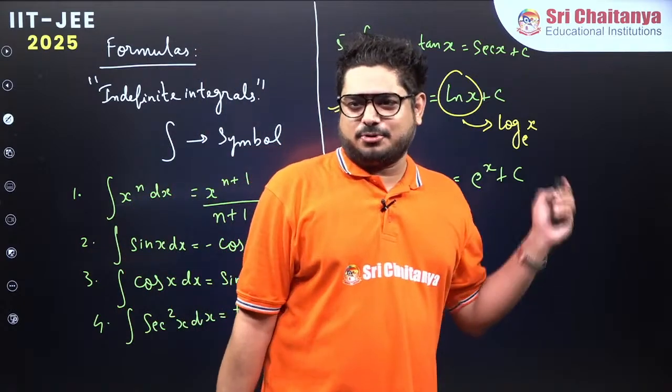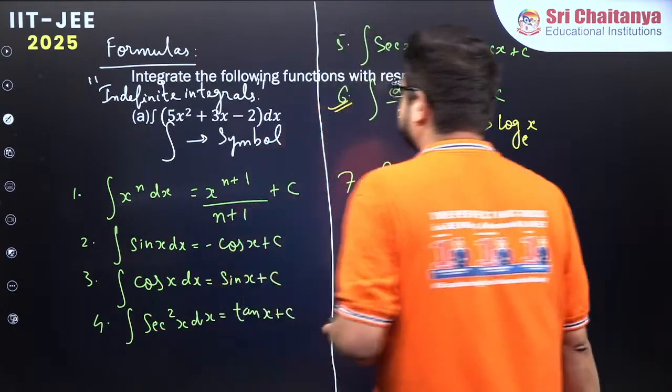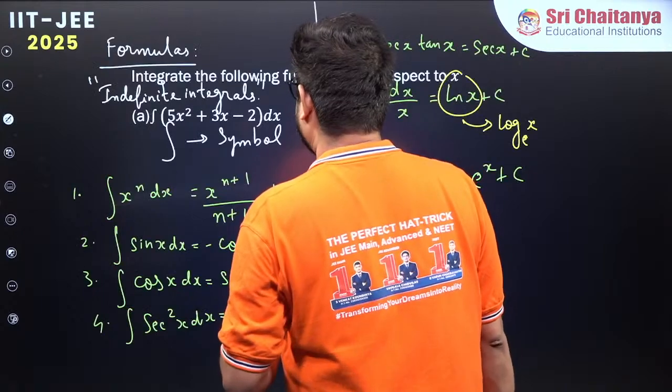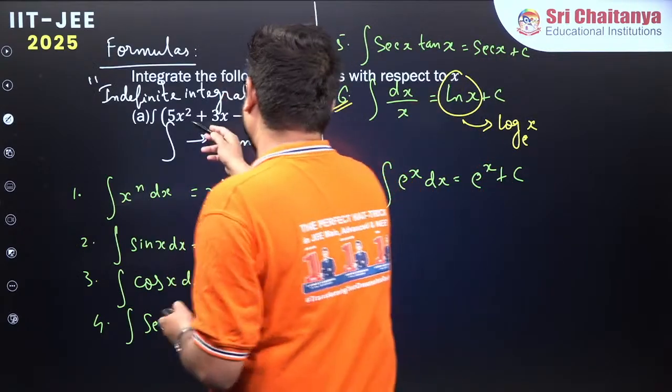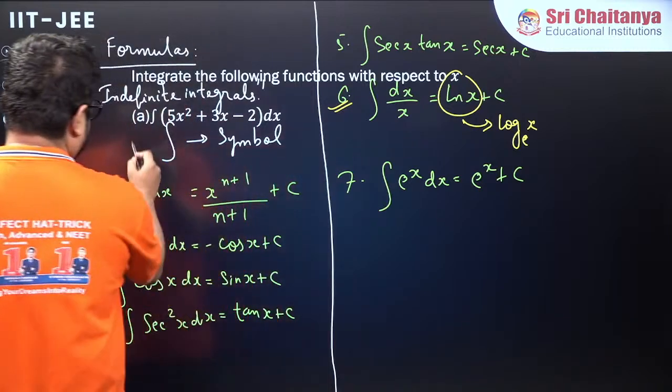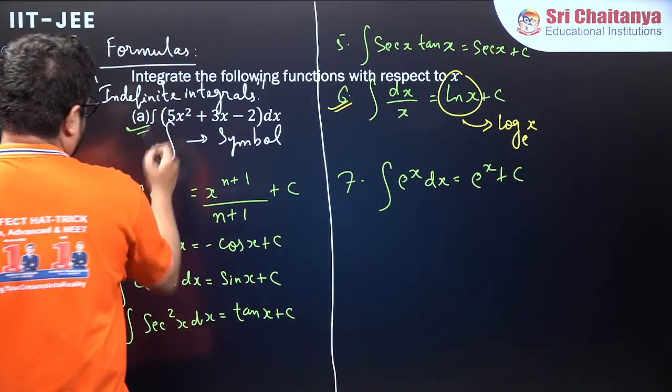So now comes the first function. I will write down this function over here, the one which I mentioned. You can note down the formula. This is the function which we have to do.